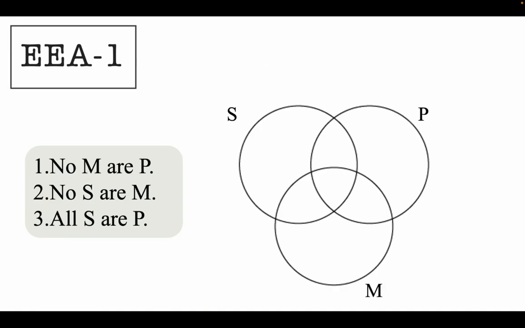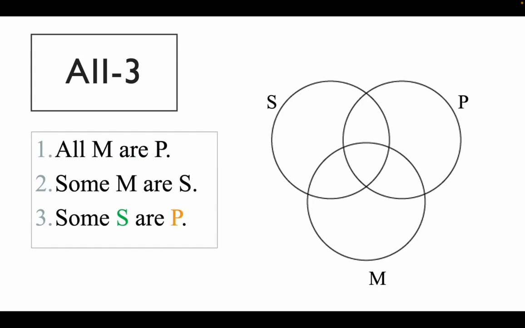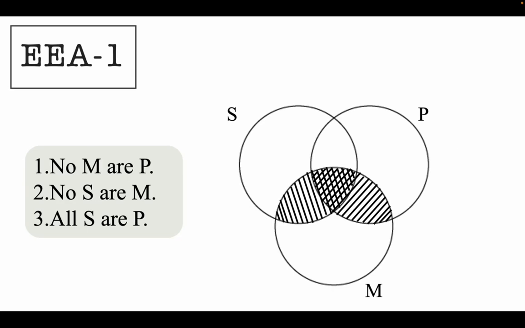Let's look at another example. We have EEA1. So let's diagram the first premise, no M are P. And the second premise, no S are M. Now, the question is, is the conclusion diagrammed?